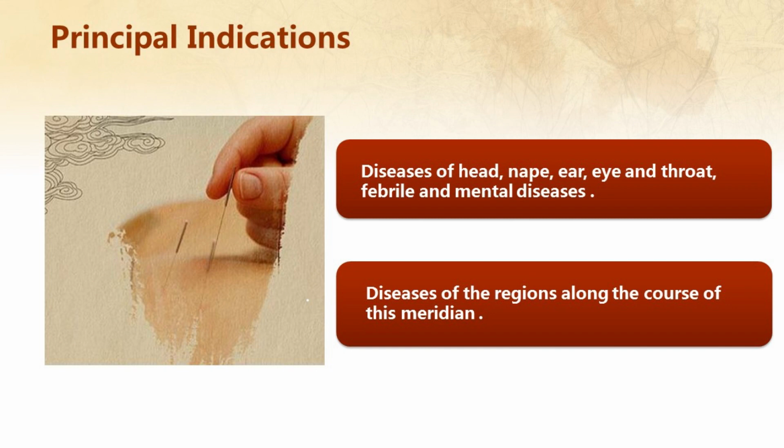Next, we start to learn the principal indications of the small intestine meridian of hand, 太阳. It can cure the diseases of hand, nape, ear, eye, and throat, febrile and mental diseases, and the diseases of the regions along the course of this meridian.